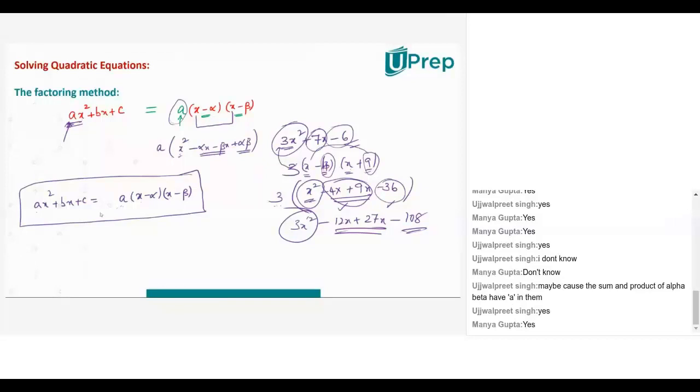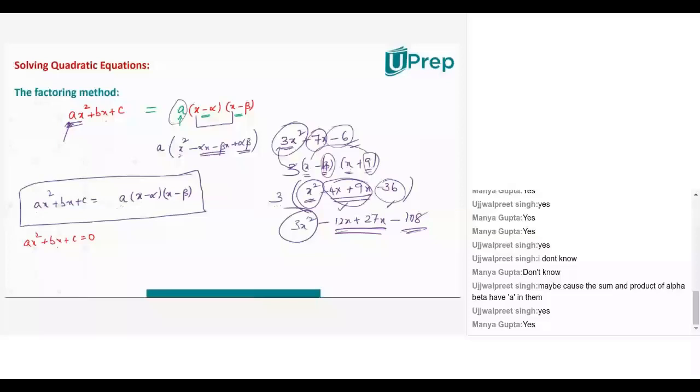Right. Now, how does this factorizing method work? This is the procedure of factorization. If I have an equation which is ax square plus bx plus c equal to 0, this is how a quadratic equation is. Till now, whatever we have discussed on the board is only for expressions.